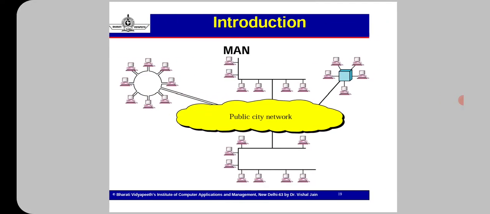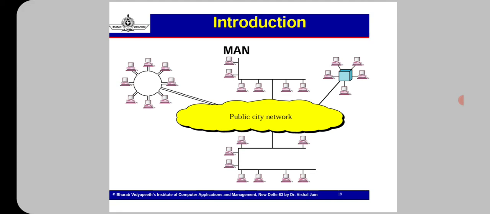Next type of network is called MAN. MAN means metropolitan area network. Generally this type of network is used to connect large cities or twin cities; examples are city cable networks or other cable technologies.